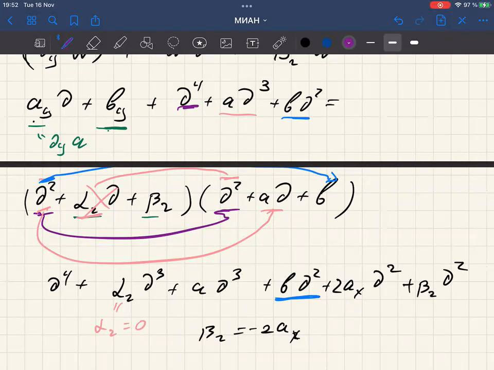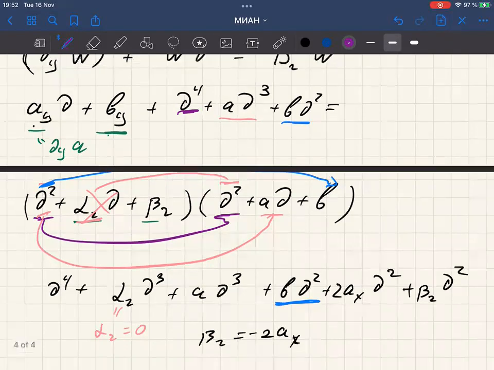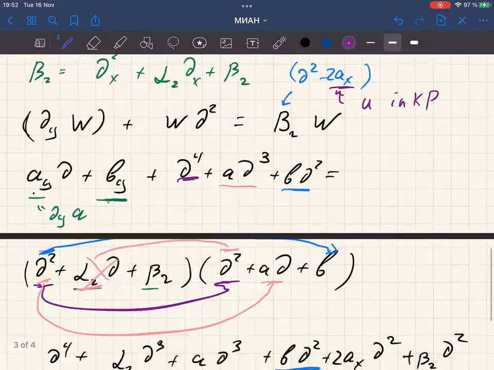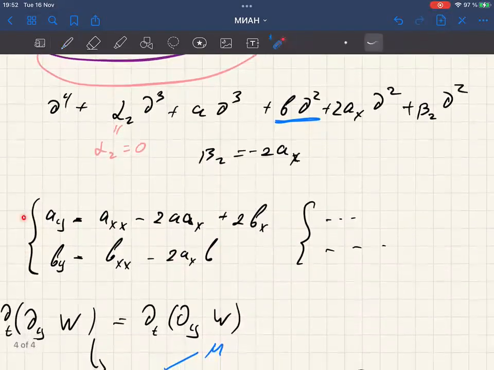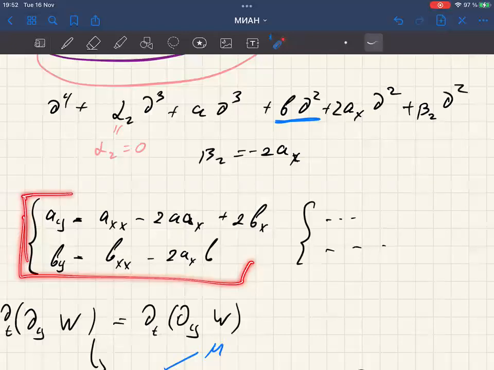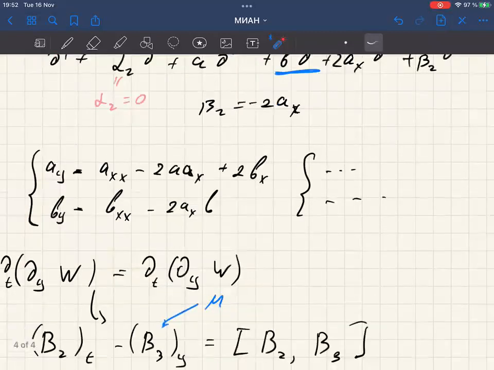And after that, the equation for the function remains the same, but the equation for coefficients becomes something interesting. Well, the compatibility conditions will give us the first proper equation. Sorry, I don't understand. It must be checked on every step.